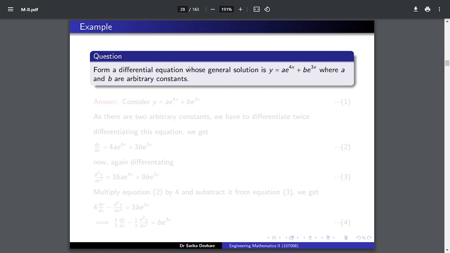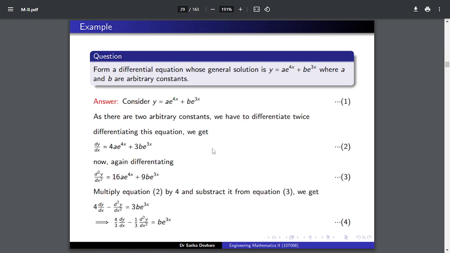Find a differential equation whose general solution is given by this equation, where a and b are arbitrary constants. Again there are two arbitrary constants, so we have to differentiate this equation two times to eliminate them.